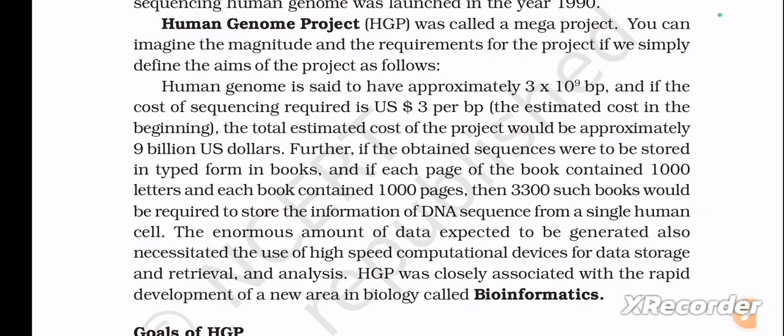Further, if the obtained sequences were to be stored in typed form in books, and if each page of the book contained 1,000 letters and each book contained 1,000 pages, then 3,300 such books would be required to store the information of DNA sequence from a single human cell.